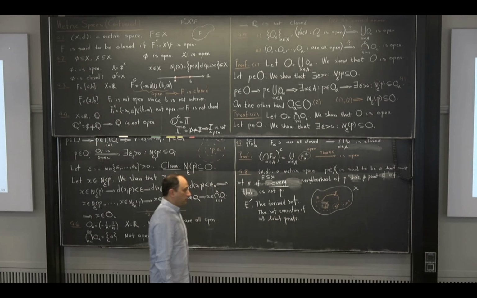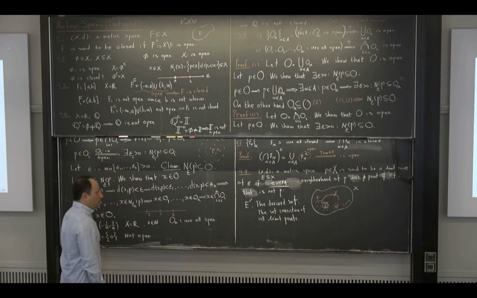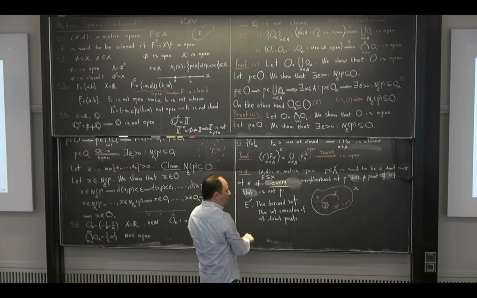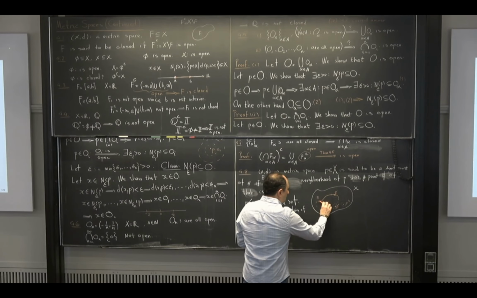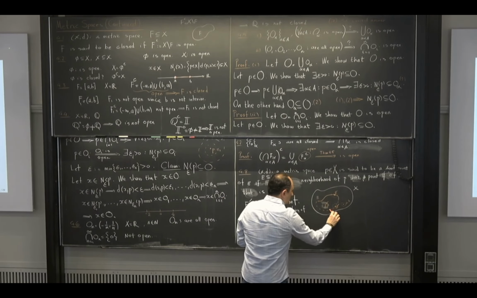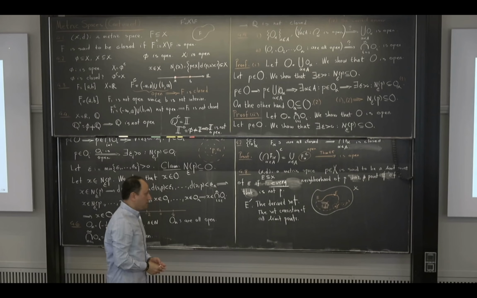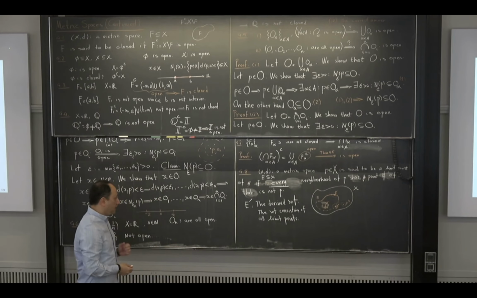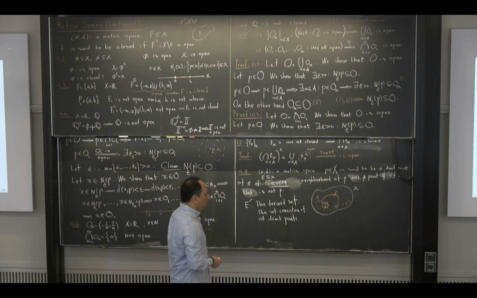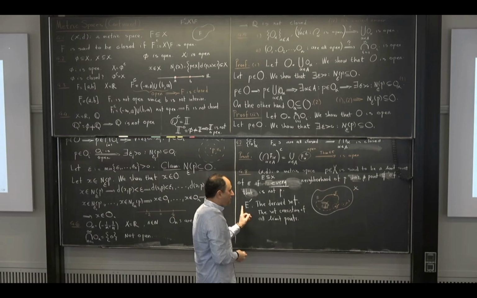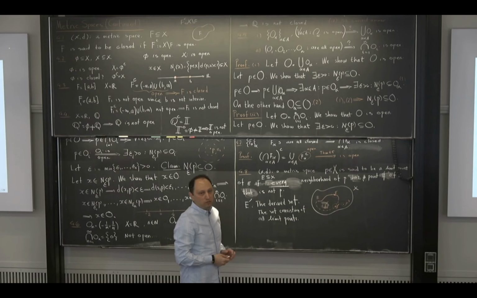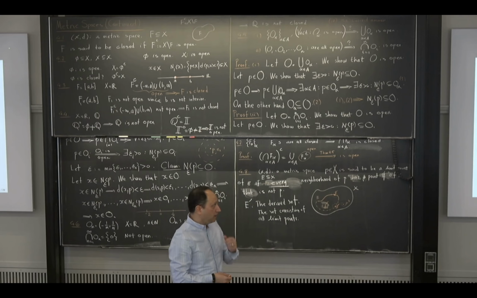Okay? So exactly, if I ask you what is E prime in this picture, E prime is this one and inside it. A set consisting of all limit points. But what is the isolated point? The isolated point is a point in the set which is not a limit point. That is called an isolated point. Understandable?